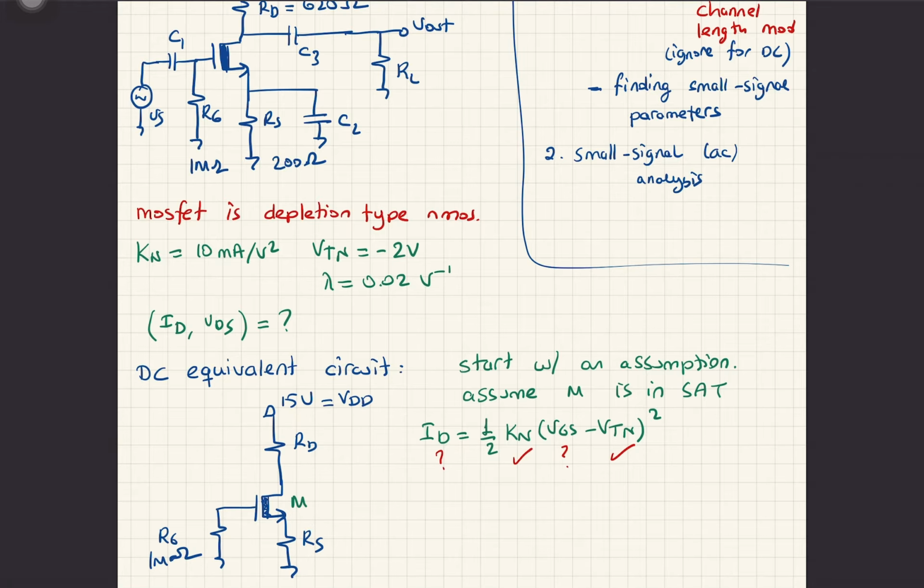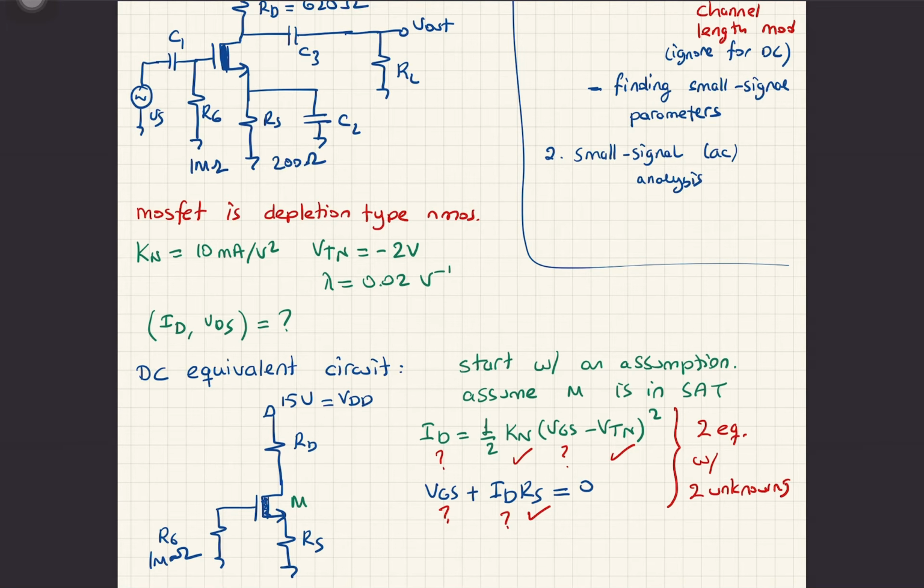You can write another expression here, which means that VGS plus ID RS is equal to 0. Again, in this expression, we have two unknowns. By using two equations with two unknowns, you should be able to find VGS and ID.